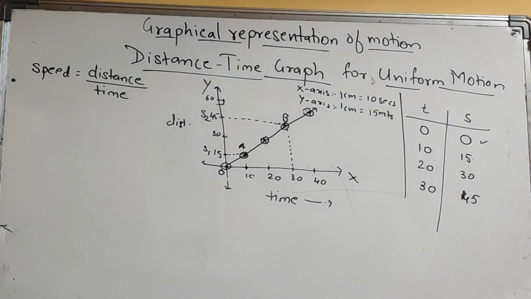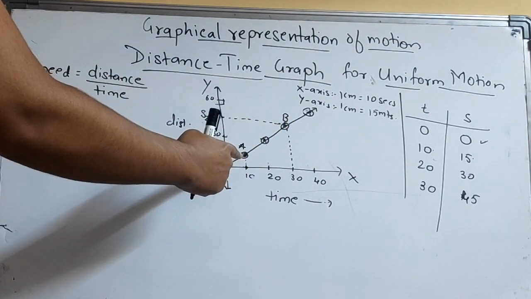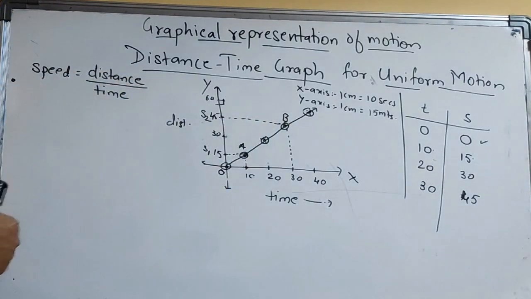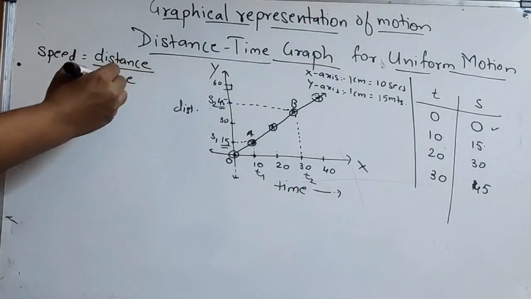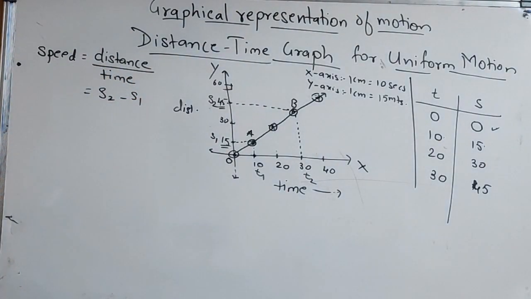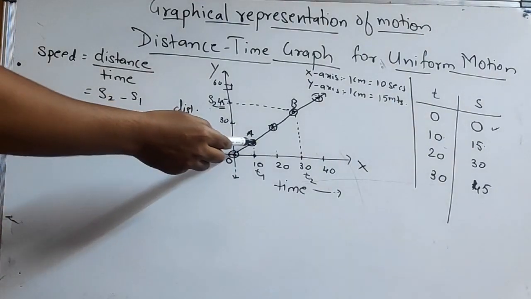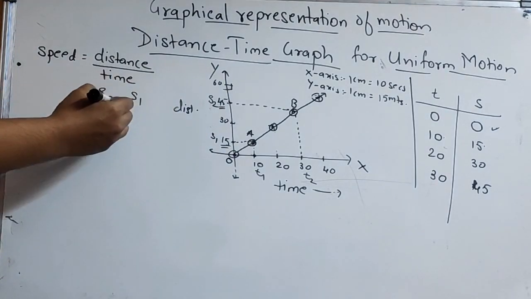So what is the distance covered while traveling from point A to point B? The distance covered is S2 minus S1.